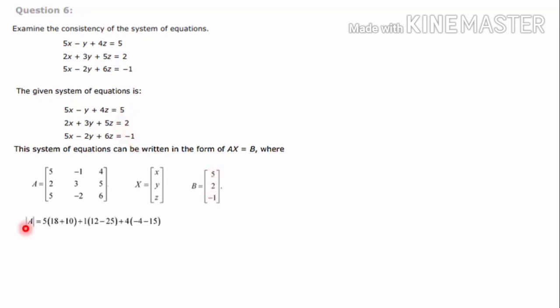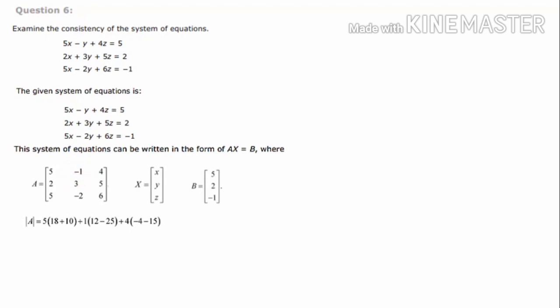Next, go for calculating determinant A. I am expanding along the first row. I am taking the first element, that is 5. When you take 5, that particular row and column is eliminated. Multiply the remaining elements diagonal wise, that is 3 into 6, 18. Minus into minus plus, 5 into 2, 10. So 18 plus 10. Next sign is minus, but here there is an element having a minus sign, that is minus 1.